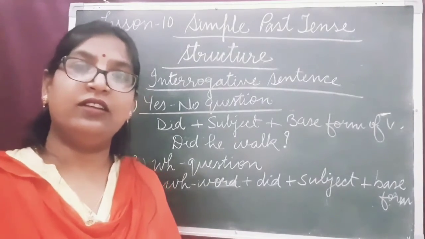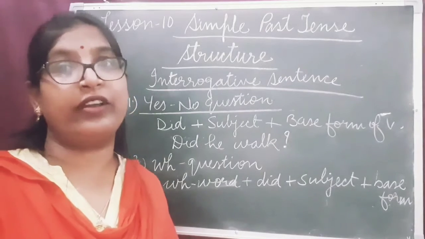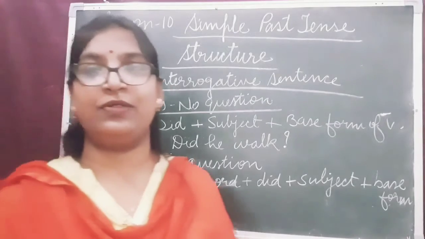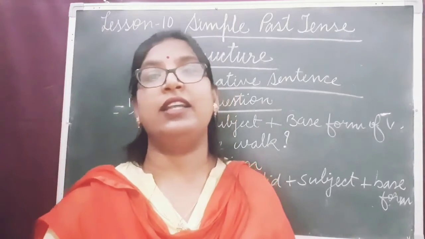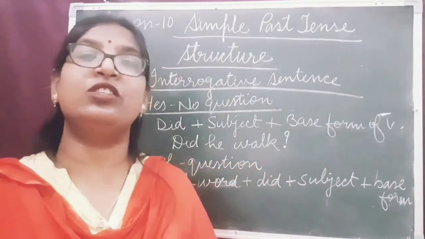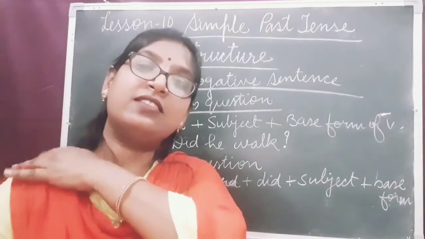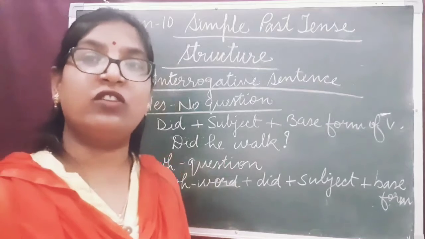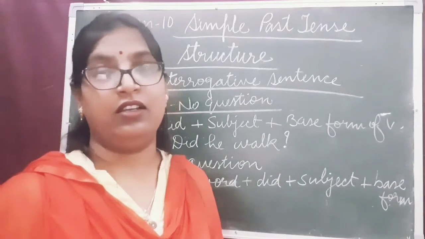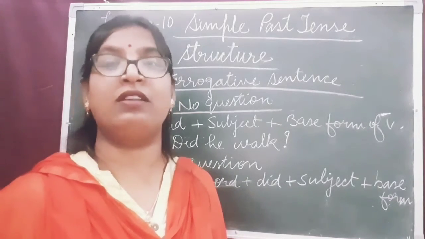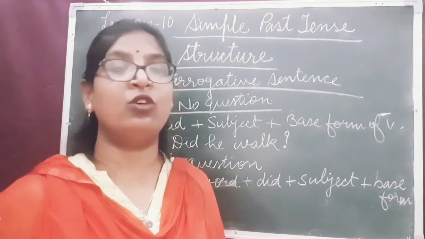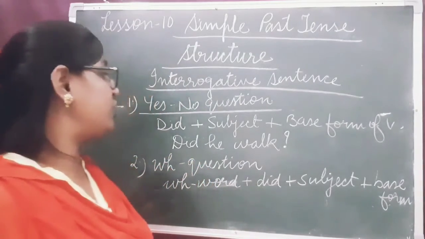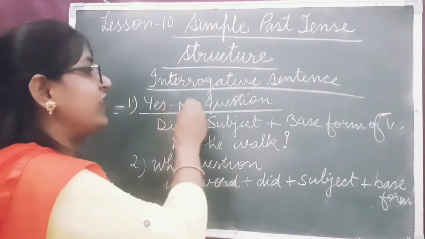Now dear children, let us see how to frame interrogative sentences. Interrogative sentences are of two types, yes no question and WH question. Yes no questions are answered simply in yes or no form, and WH questions always begin with WH words like when, where, why, what. Now you can see here the structure of a yes no question.